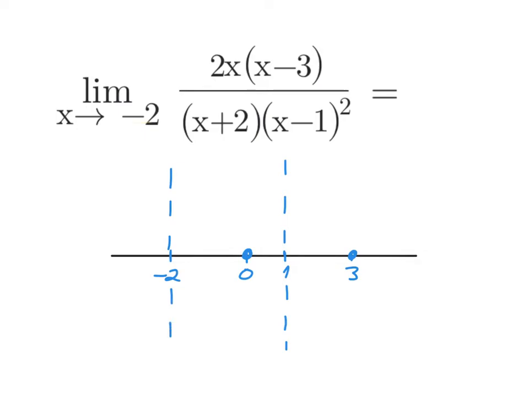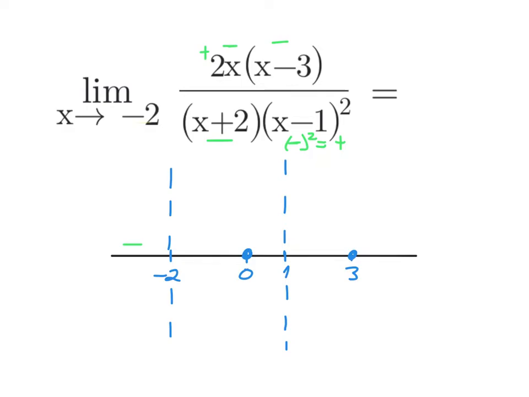As we test each interval, picking a number that is smaller than negative 2, like negative 1 billion, 2 will always be positive, but x being negative 1 billion will be negative. X minus 3, negative 1 billion minus 3 is negative. Negative 1 billion plus 2, negative. Negative 1 billion minus 1, negative. However, this one is being squared, so this will always be positive. As I count, looks like I got 1, 2, 3 negatives, so the entire fraction will be negative.